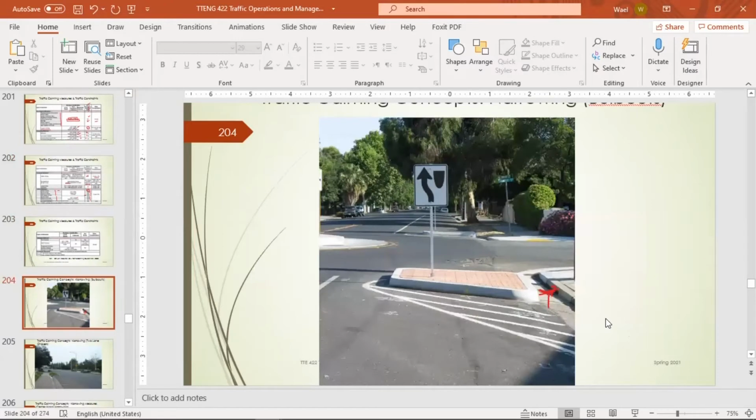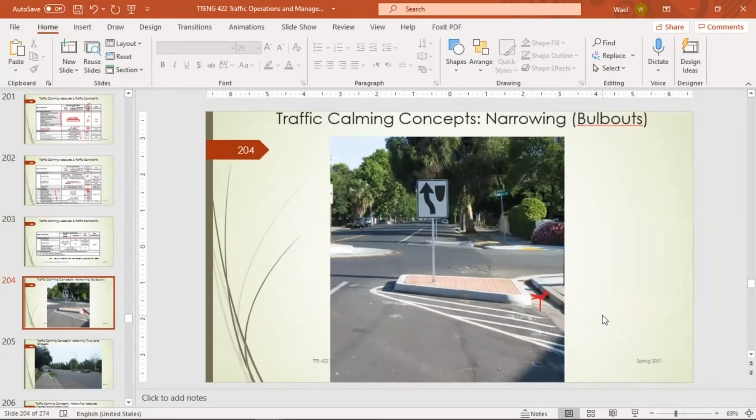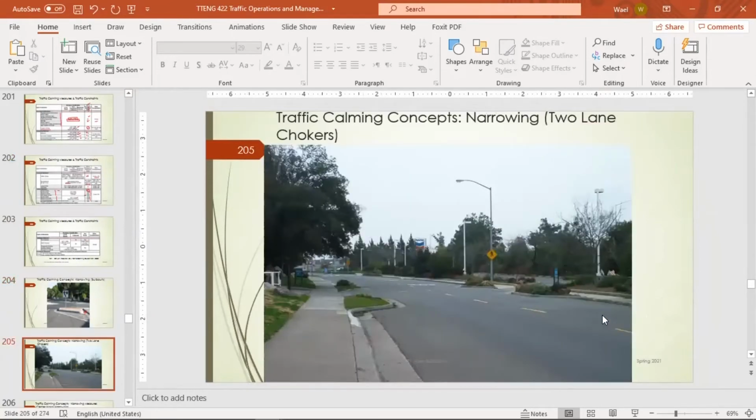So this is what we call the narrowing bulb-outs, and here this is the narrowing, two-lane chokers. As you can see, these are the chokers. So it's basically reducing the lane width available for vehicles to drive through.